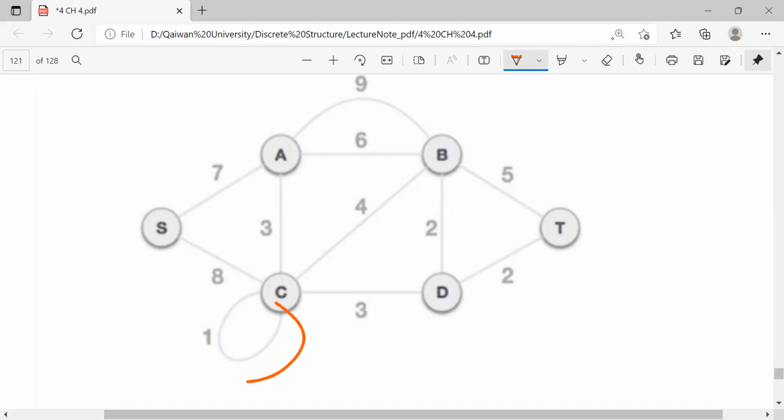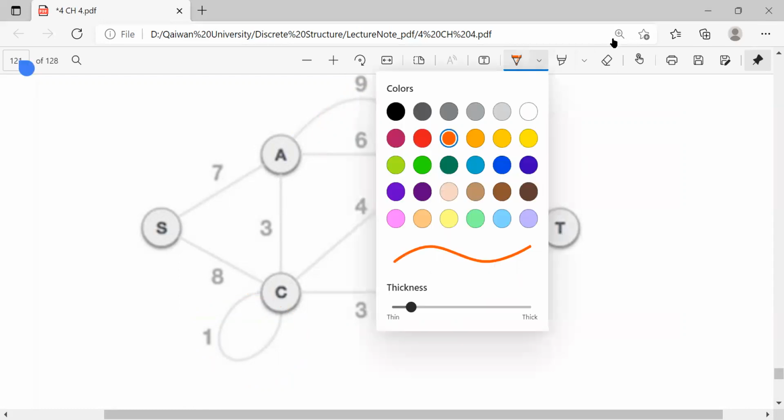Here we have this loop, so we must remove this, and we have these 2 parallel edges. Which one should we remove? The one whose weight is 9. We remove the above one because its weight is 9.